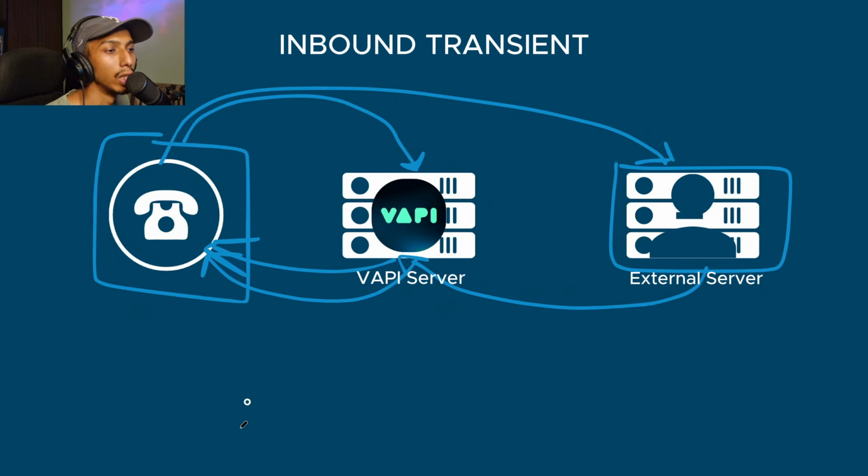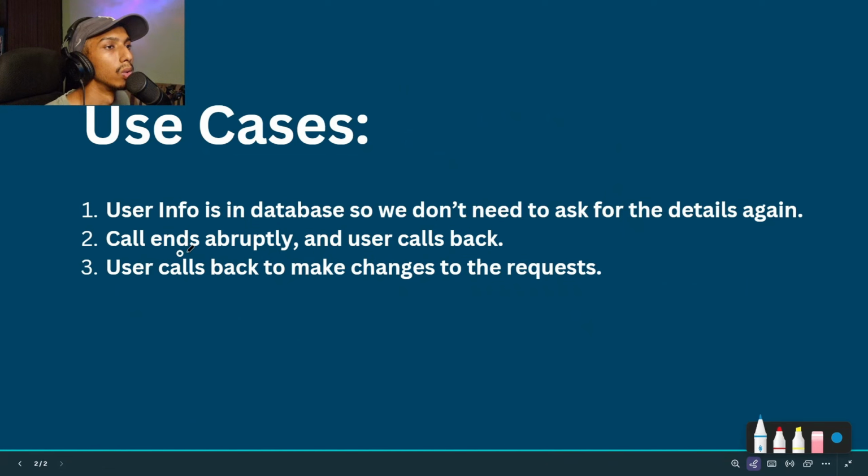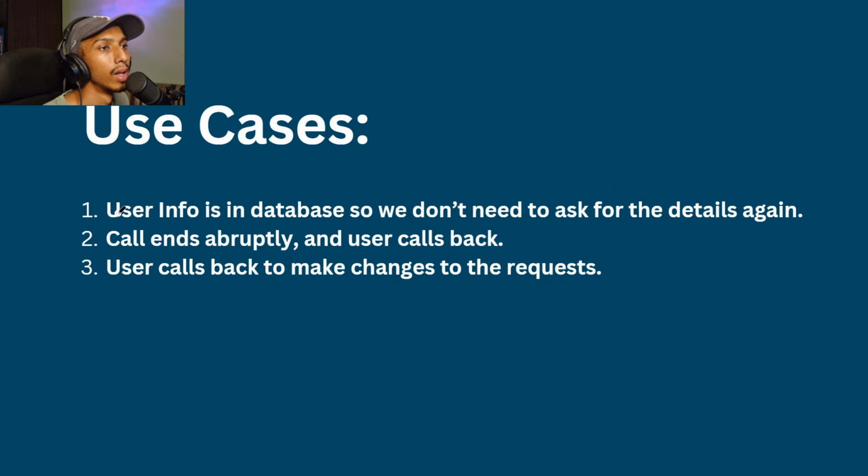So what can be the use cases of this? These are the use cases. User info is in the database, so we don't need to ask for the details again. Call ends abruptly and user calls back to make changes to the requests. It's like imagine having a human on the call.